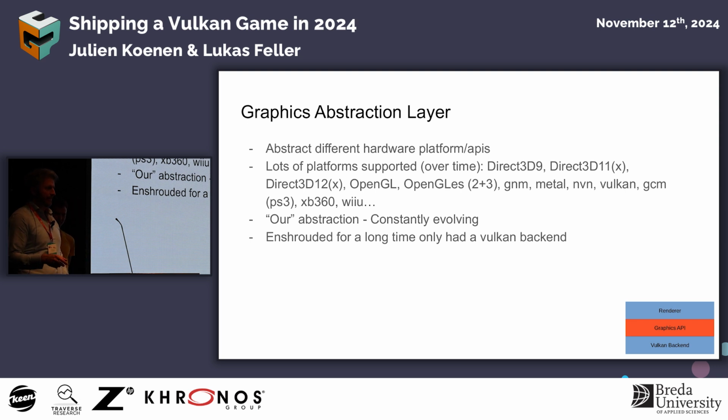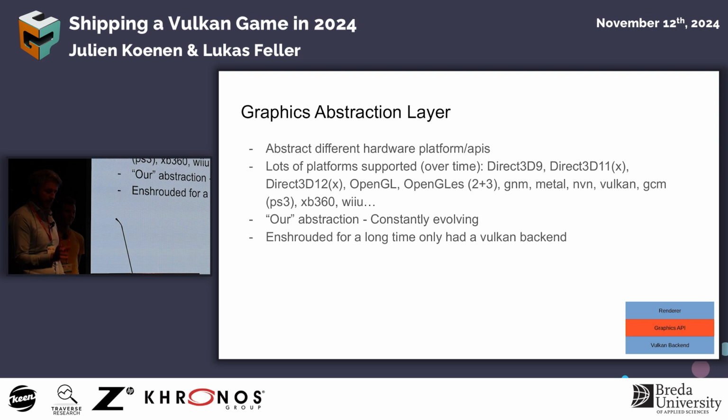It's our abstraction, and the advantage is that we can evolve it. Whenever we start a new game with very different requirements, we can adjust the API accordingly and match it to the platforms we want to ship on and what we actually need it for.